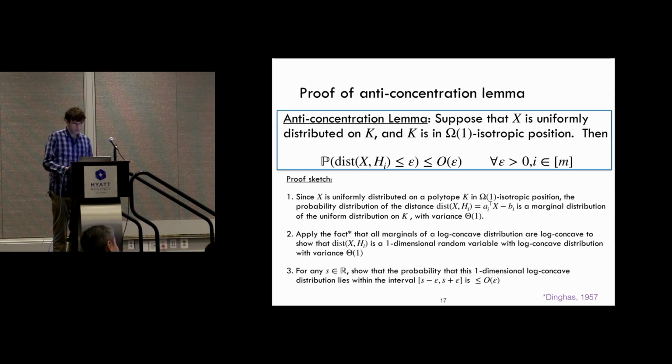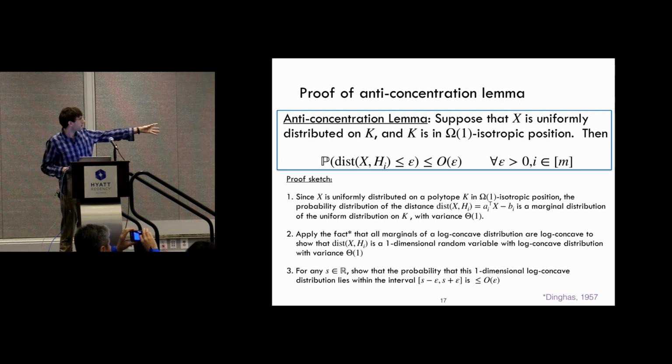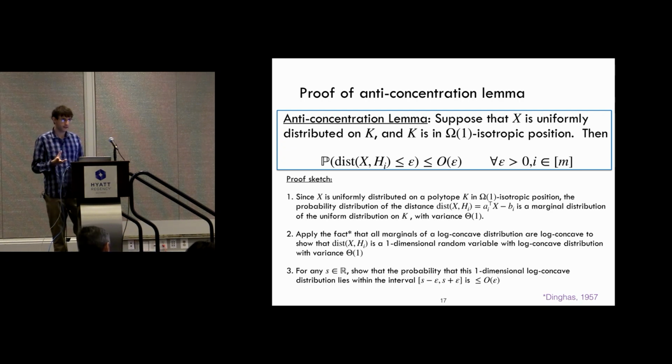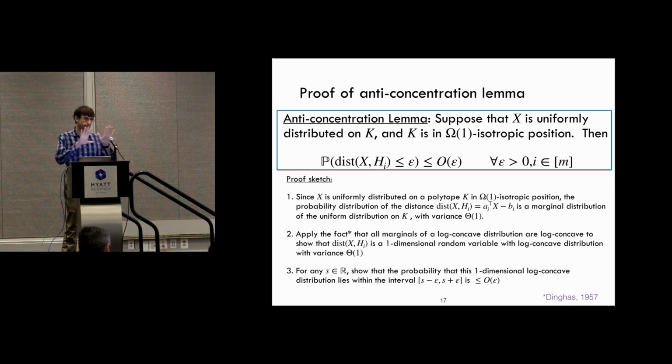The reason it's true, the proof is fairly simple. The sketch of the proof is this: since the polytope is in isotropic position, the uniform distribution on the polytope is a log concave distribution, and it has covariance matrix roughly 1.